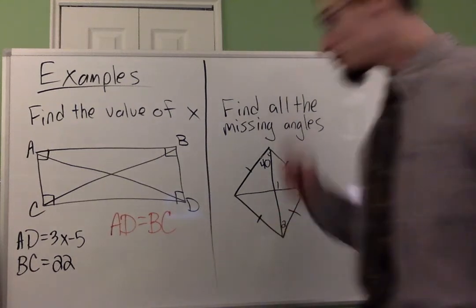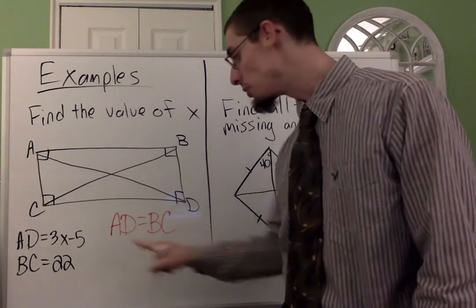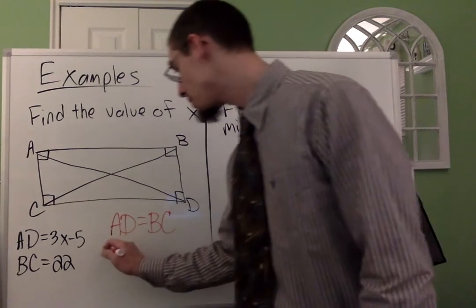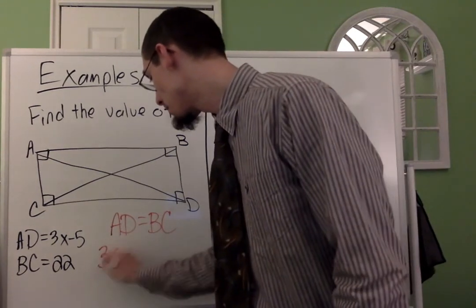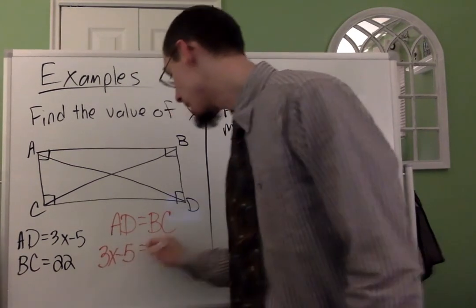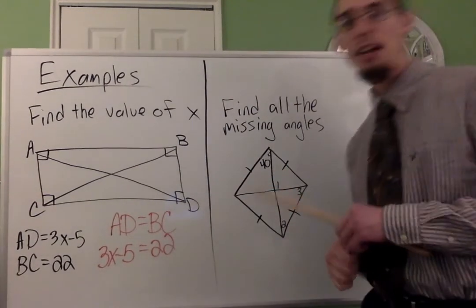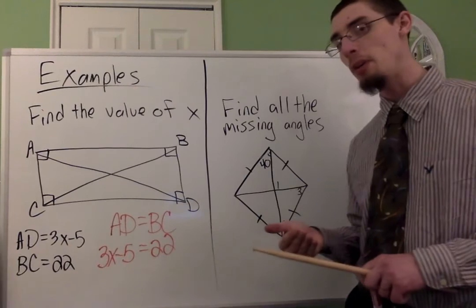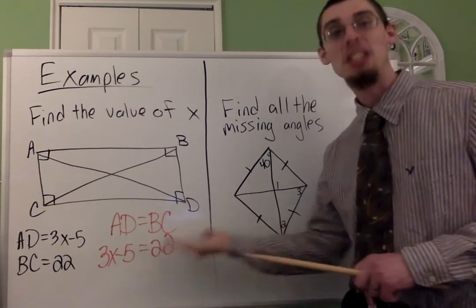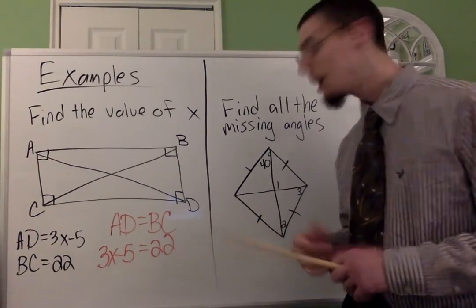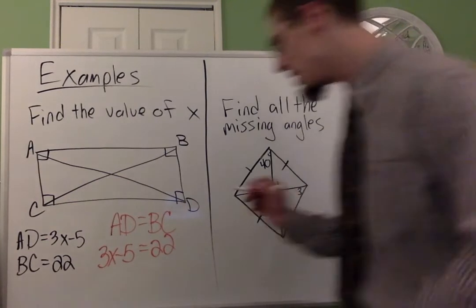So, let's just substitute our values. AD is 3x minus 5, and BC is 22. So I used my geometric property to set up a very basic 2-step equation. And we can solve that relatively easily, right?